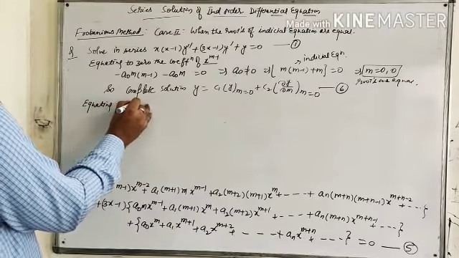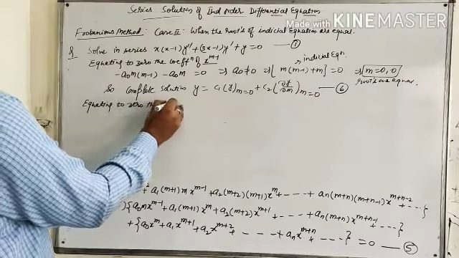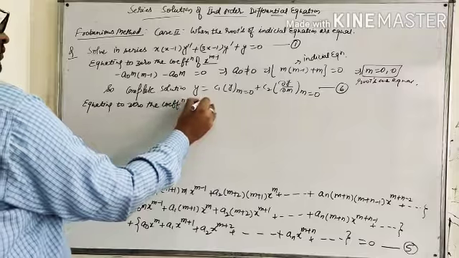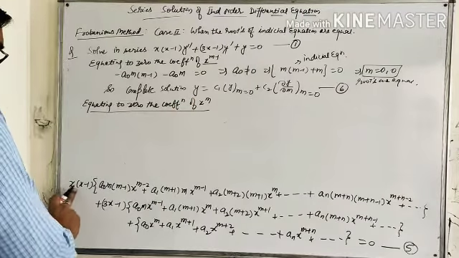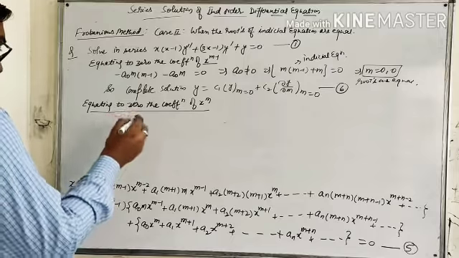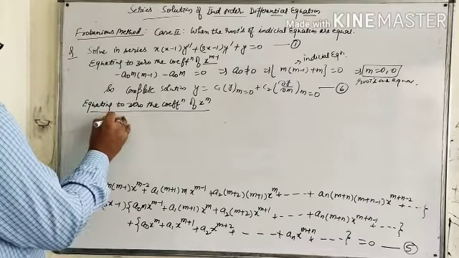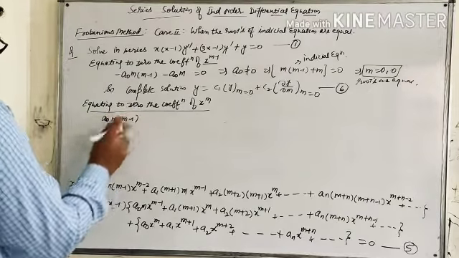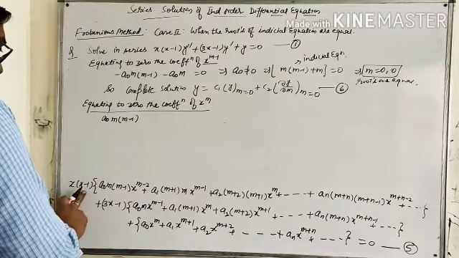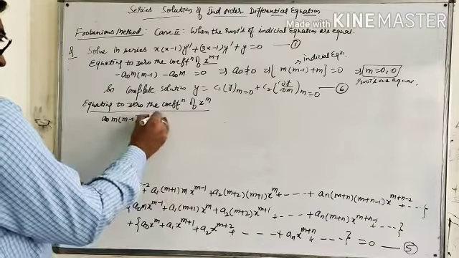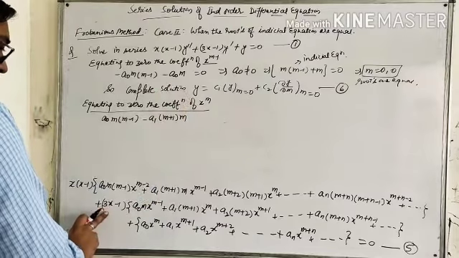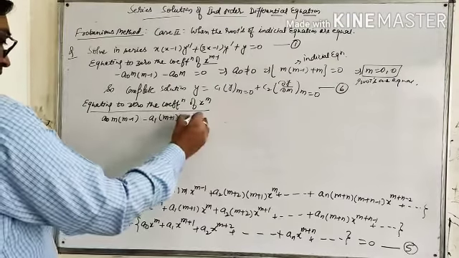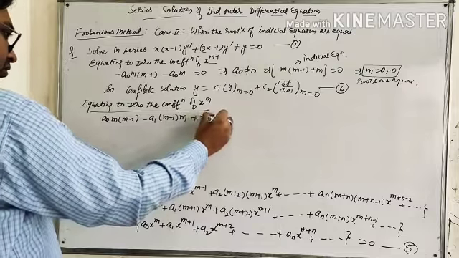Equating to 0 the coefficient of x raised to power n. So the coefficients are: when we multiply by x square, then a naught m minus 1. When we multiply by x, then minus a1 m plus 1 m. When we multiply by 3x, then plus 3 a naught m.